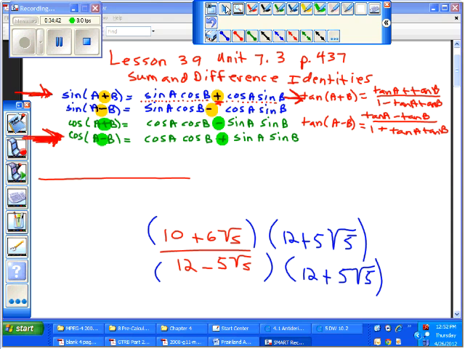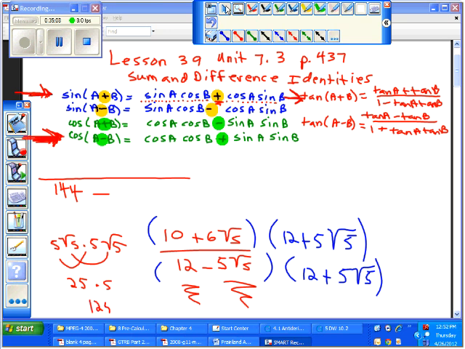It's going to be 12 squared, which is 144, minus 5 square root of 5 squared. Now, 5 square root 5 squared is 25 times 5, because square root 5 times square root 5 is 5.